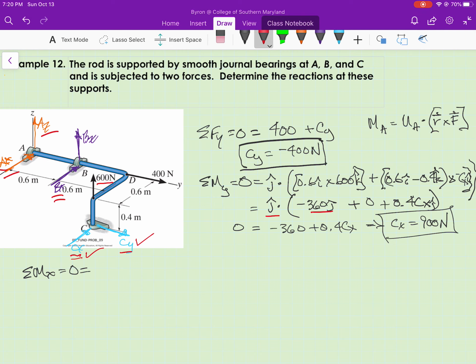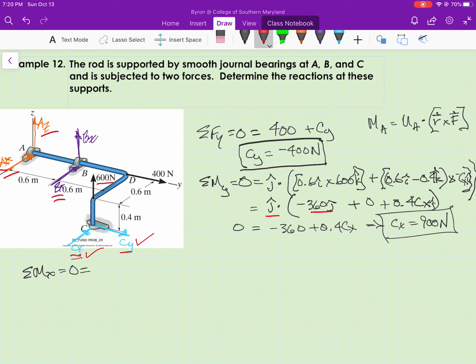And then everything out here on the right end of the rod, I already know. I know c sub y, I know c sub x, and I'm given the 400 and 600 newton forces. So this is going to be a little bit of math, a little bit of work, but we should be able to solve directly for b sub z if we can work through all that.